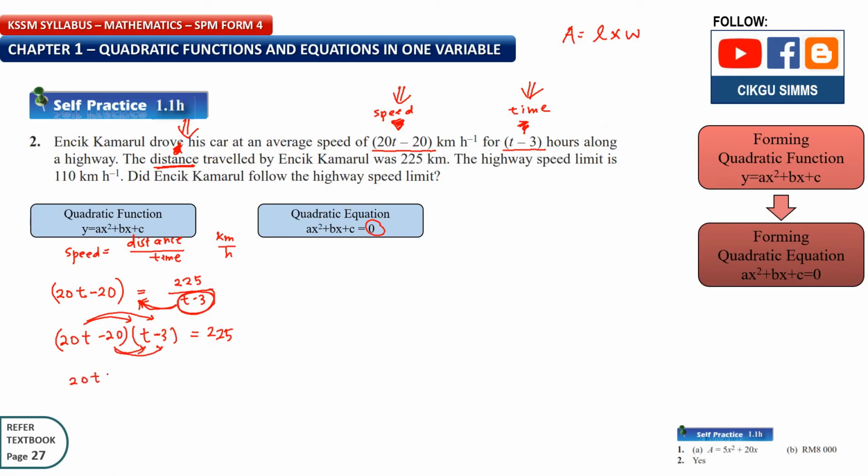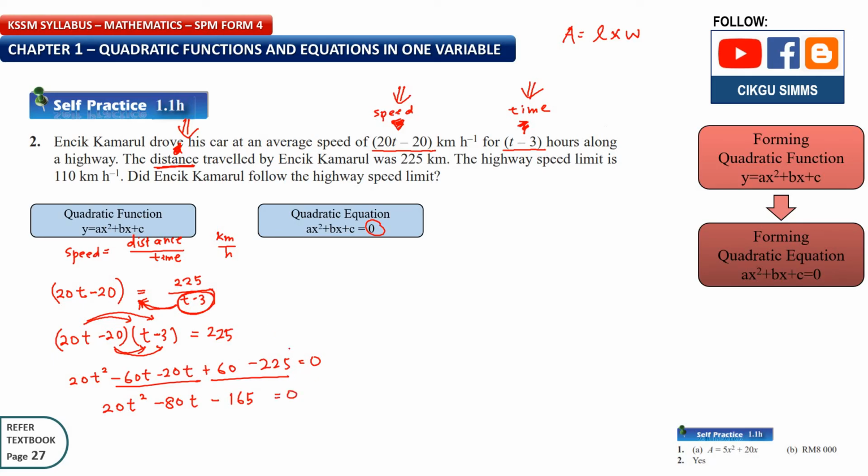So 20t square minus 60t minus 20t, and then plus 60 minus 225 is 0. And then 20t square, this 2 is negative 80t, and then this one was negative 165, is it? Yeah. So equal to 0.